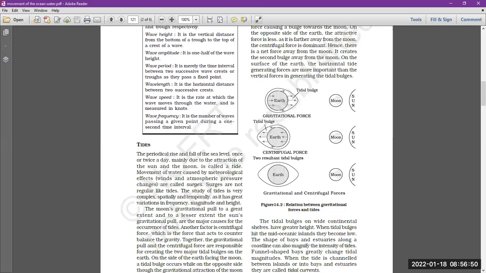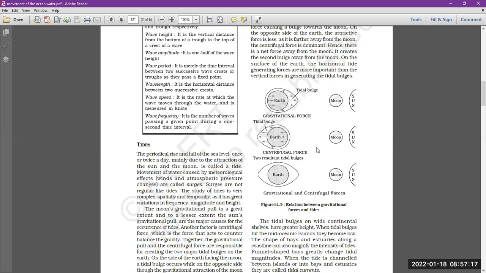Tidal bulge means a rise of the oceanic water, a bulge sticking out from the sea level, from the oceanic surface. There is a rise of the water, and that is due to the gravitational force of moon and sun.